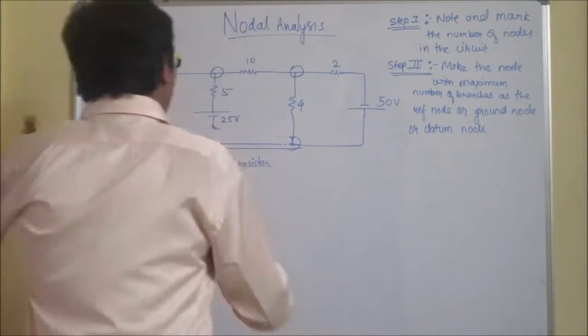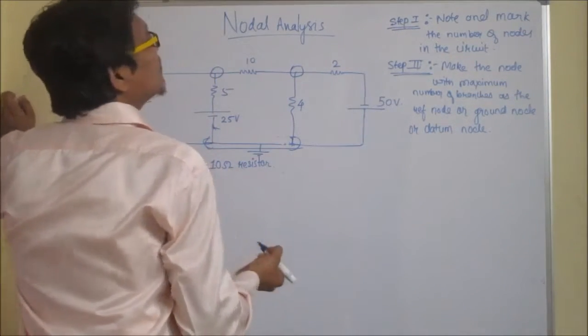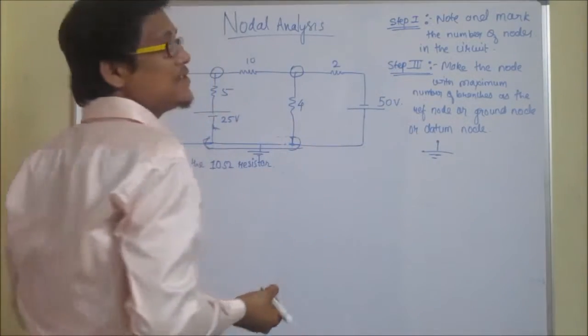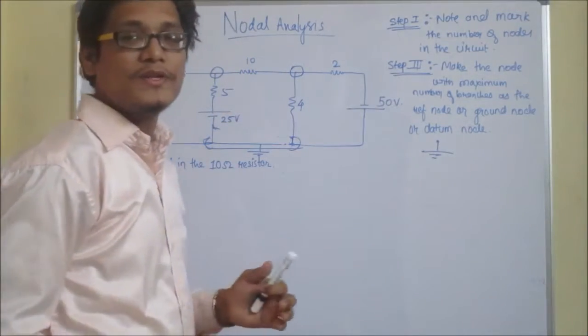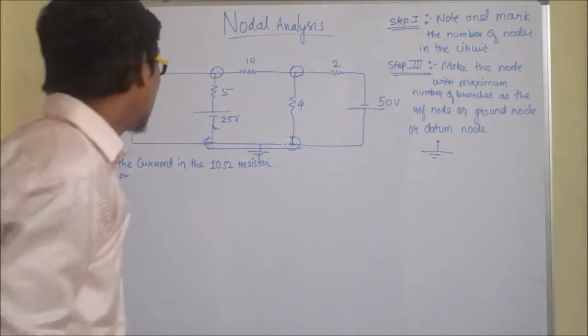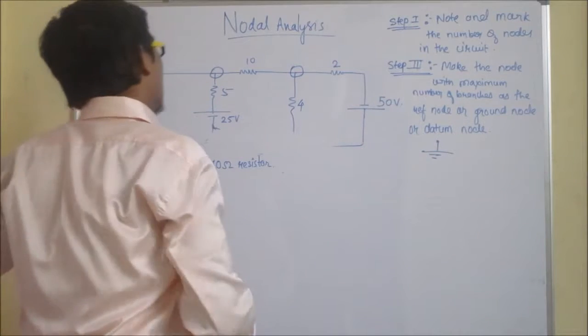The marking for the common node is generally done like this. That is zero potential, or ground, we say. But there is no true zero potential or ground in DC circuits. It's just a common point, with respect to which we find the other voltages.